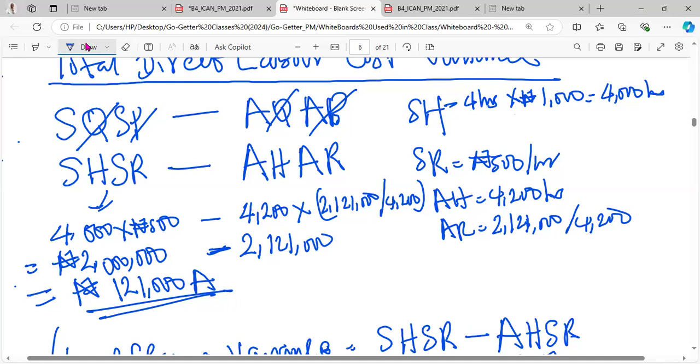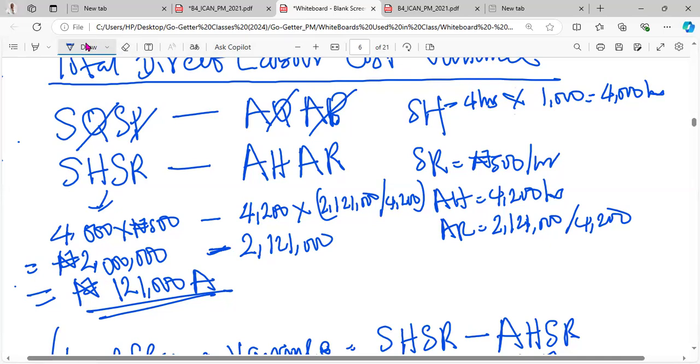So if you are calculating standard hours, this is the standard hours for 1 unit. How many units were made? Okay, this is not naira now. How many units were made? We made 1,000 units. So the fixed budget should have been, if you are using 4 hours for 1 unit and you made 1,000 units, 4,000 hours that should have been used.